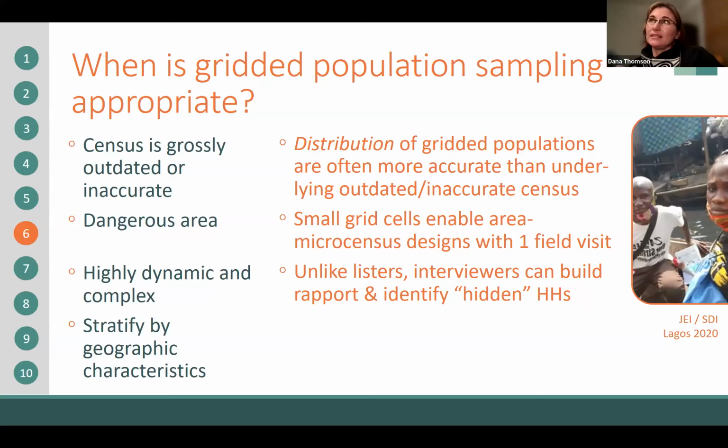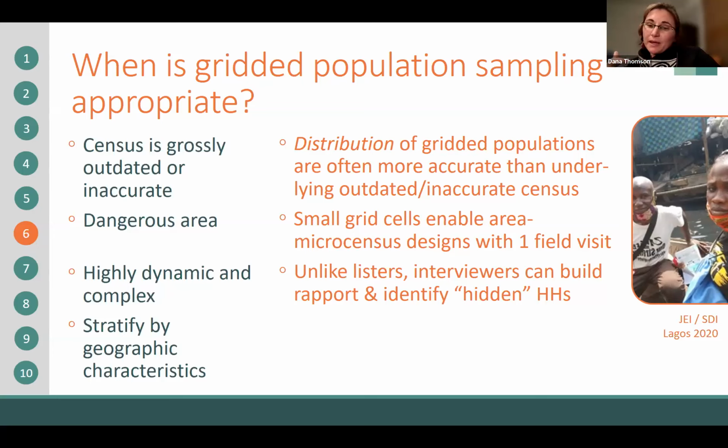That is because you will get a much more accurate picture from respondents about all of the atypical housing arrangements and the hidden and vulnerable populations that might normally not get reported during a typical listing activity. So those would be the family that lives in a shack behind the durable structure. That might be the second and third families who are renting in the apartment and who are not listed on the contract.